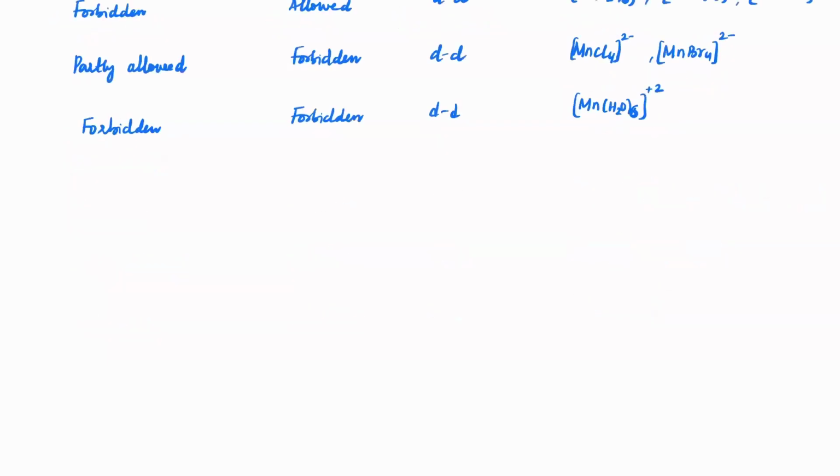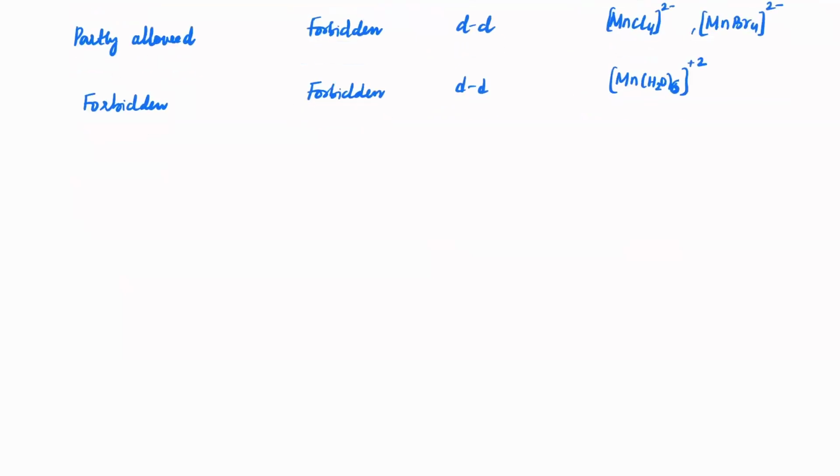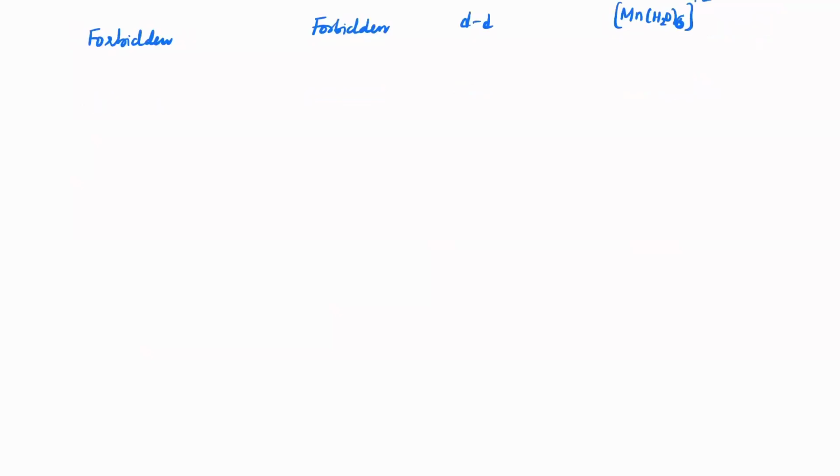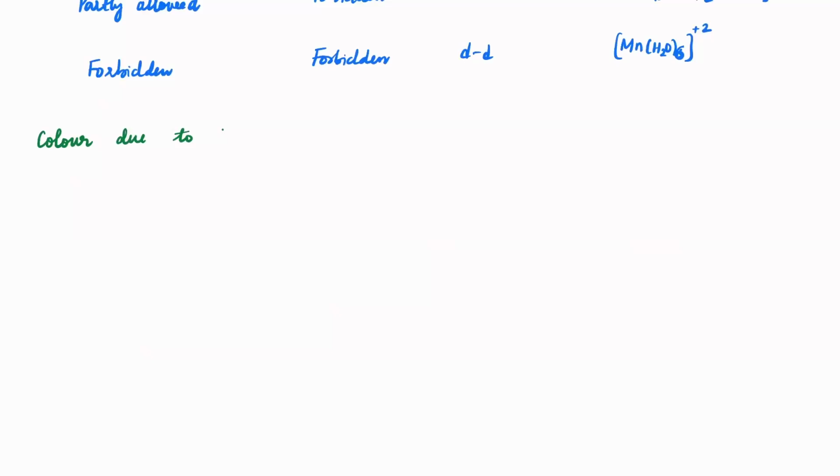When we go further, when it comes to colors due to LMCT, I gave you some examples. Got it? Now, these are part of LMCT only, correct? But it is used in a different format. That is color due to polarization of anions.